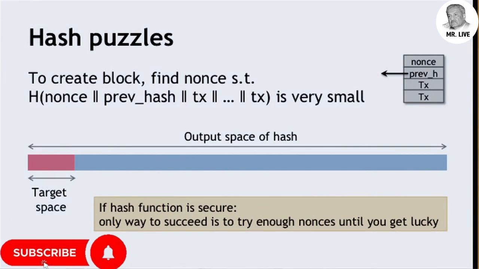And if this hash function were to behave essentially randomly, only 1 in 100 nonces will result in an output that falls within this target space. In fact, the size of this target space is not nearly as high as 1% of the output space. It's much, much smaller than that, which we'll get to in a second. But fundamentally, this is the computational problem that a node is required to solve in order to produce the block.